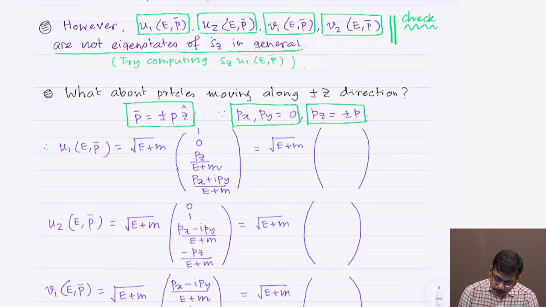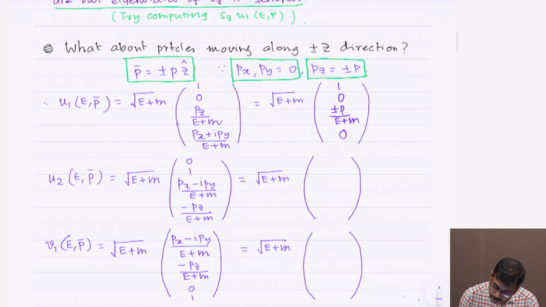So, U1 is 1 0 pz by E plus m, etc. What happens in this limit when px and py equal to 0 and pz equal to plus minus p? This becomes 1 0 plus minus p by E plus m, and this quantity is absolutely 0. What happens to U2? This becomes 0 1, this is once again 0, minus pz means minus plus p by E plus m.